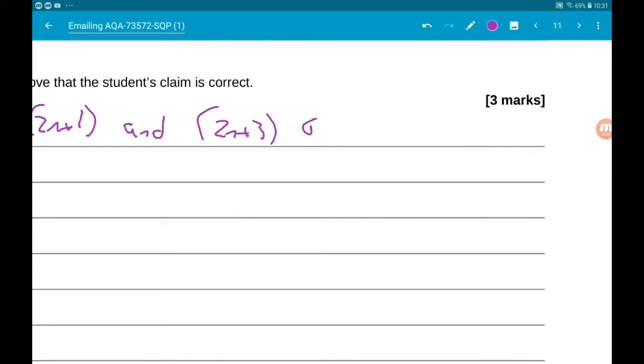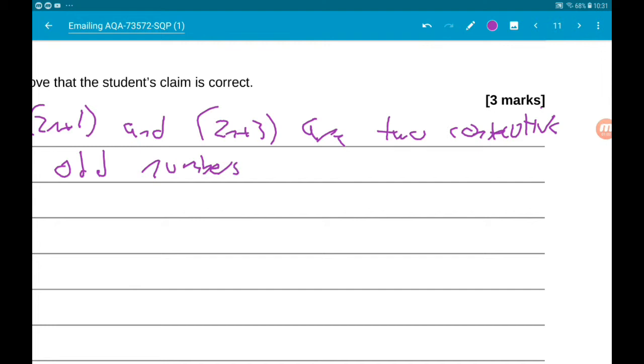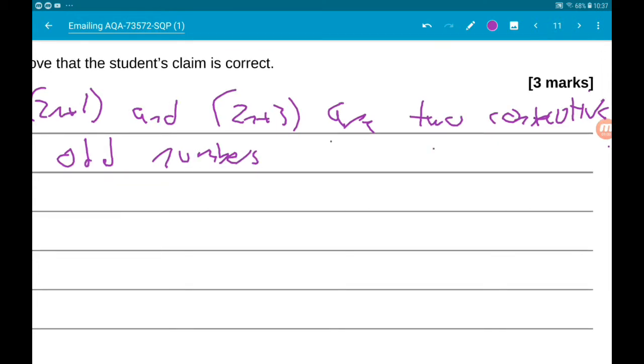are two consecutive odd numbers for integer n.